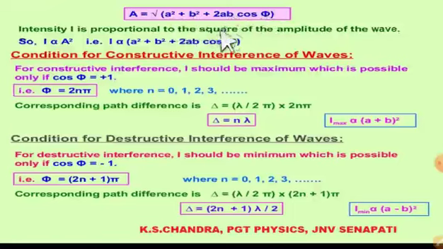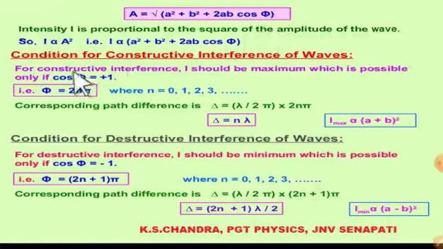Now we know that the intensity of any wave is directly proportional to the square of its amplitude. So intensity I is directly proportional to a square plus b square plus twice ab cosine of phi, by taking the square of this.